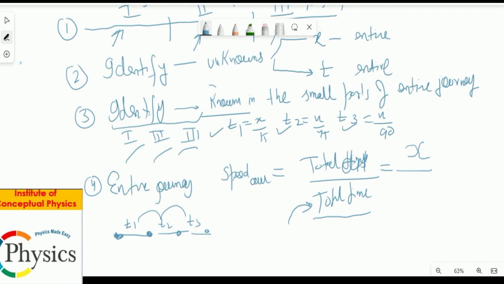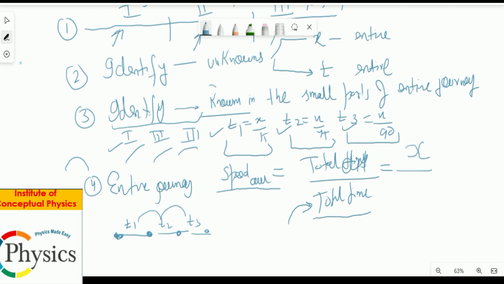So the logic has to be clear in your mind: first use the information given in the small parts of the journey, find some useful information from the known parts, and then go back to the entire journey and substitute the values here.